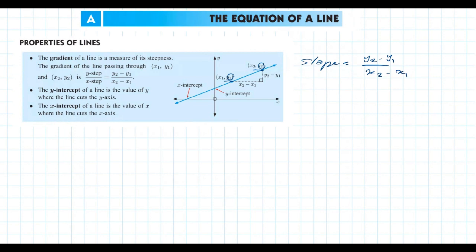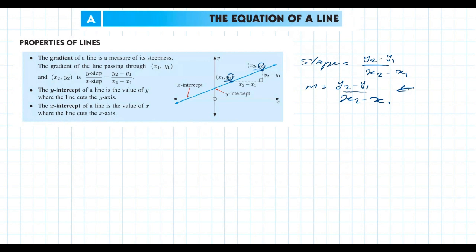This is the rule. Simply, we can represent that with m equals y2 minus y1 over x2 minus x1. You need to save this formula, by the way, and I think you're going to find it in the formula booklet. There is no need to save it, but I prefer to save this one.